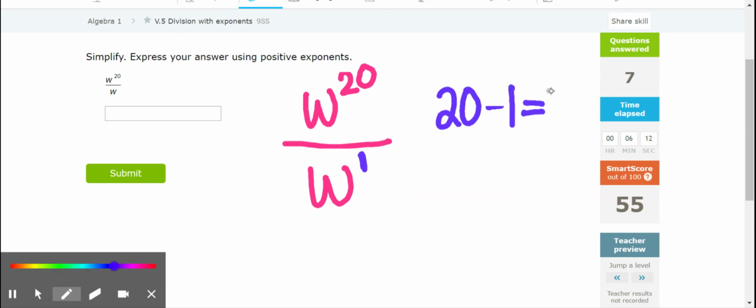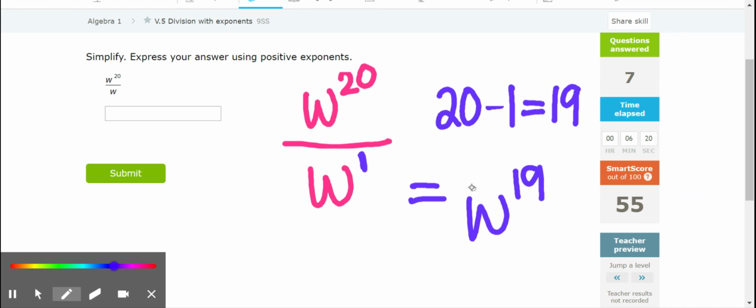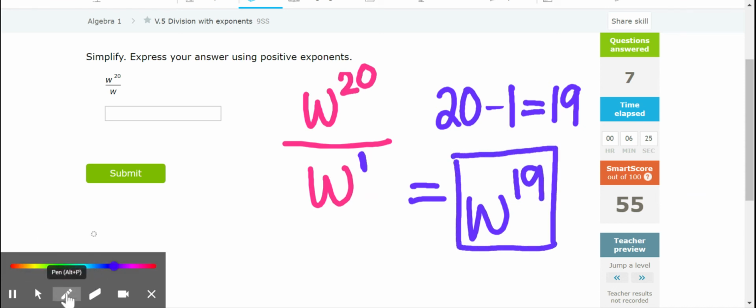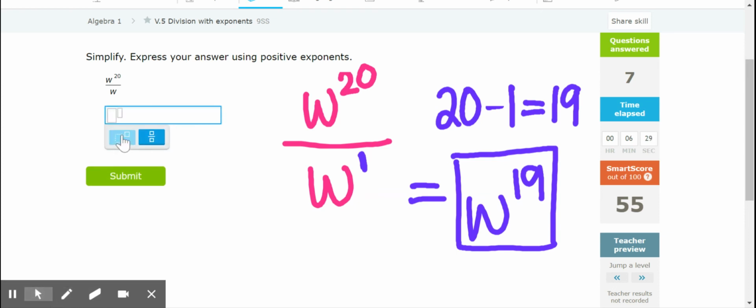And 20 minus 1 is 19. So my final answer is going to be W as my base, and then a positive 19 as my exponent. So I'm going to have W to the 19th power.